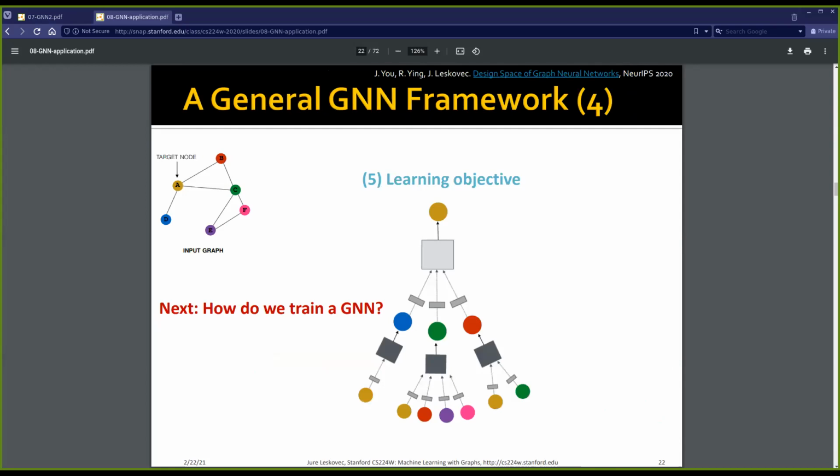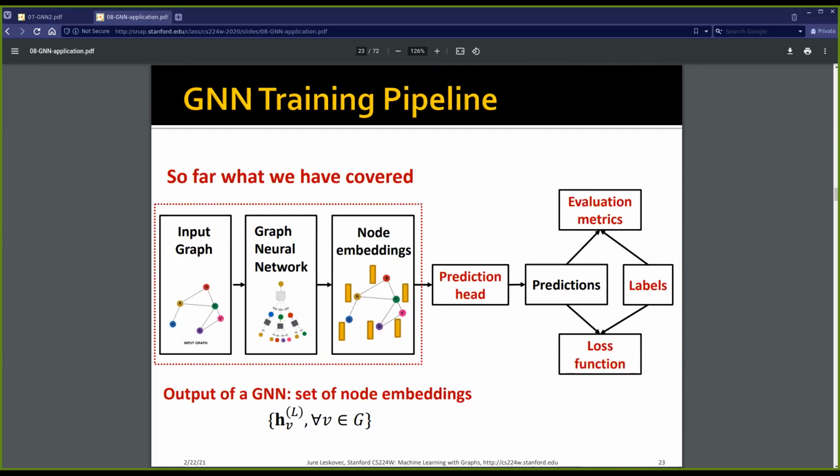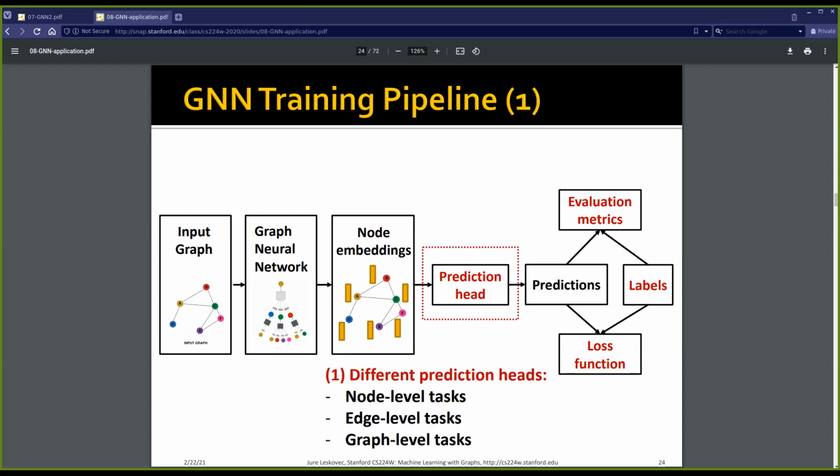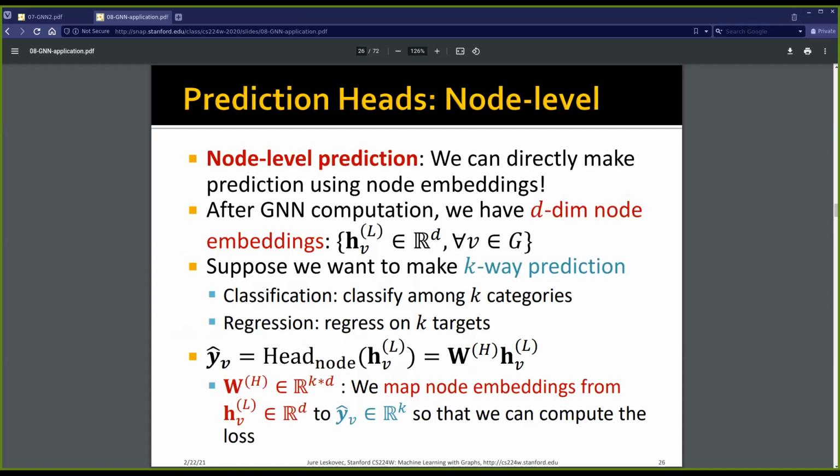Okay, so now we will move on to the training objective, the learning objective. What we covered up to this point is that we have some input graph, and a graph neural network that can produce node embeddings, and now we want to use those node embeddings and also train the graph neural network. First, we will consider prediction heads, so how to use those node embeddings for node, edge, and graph level tasks.